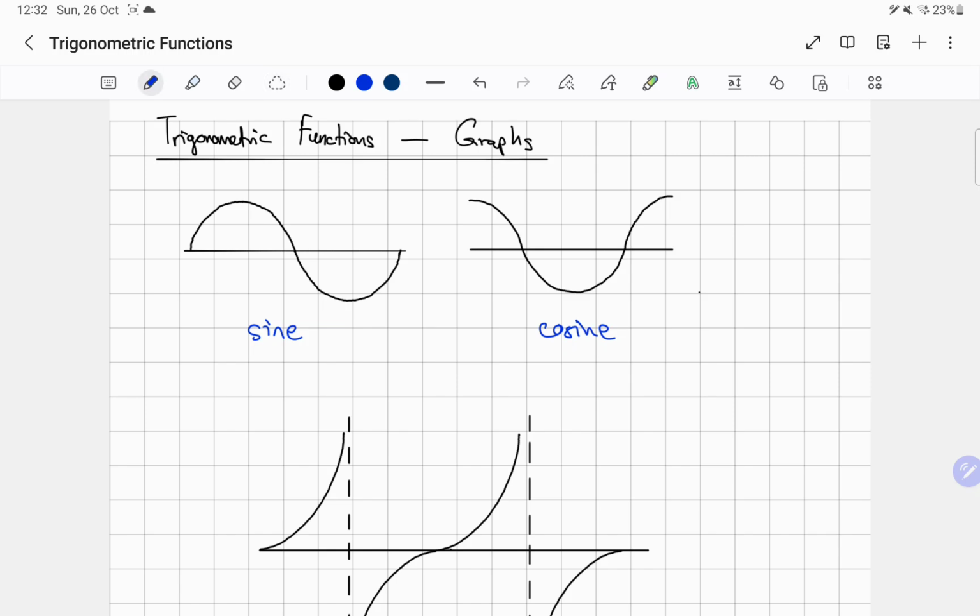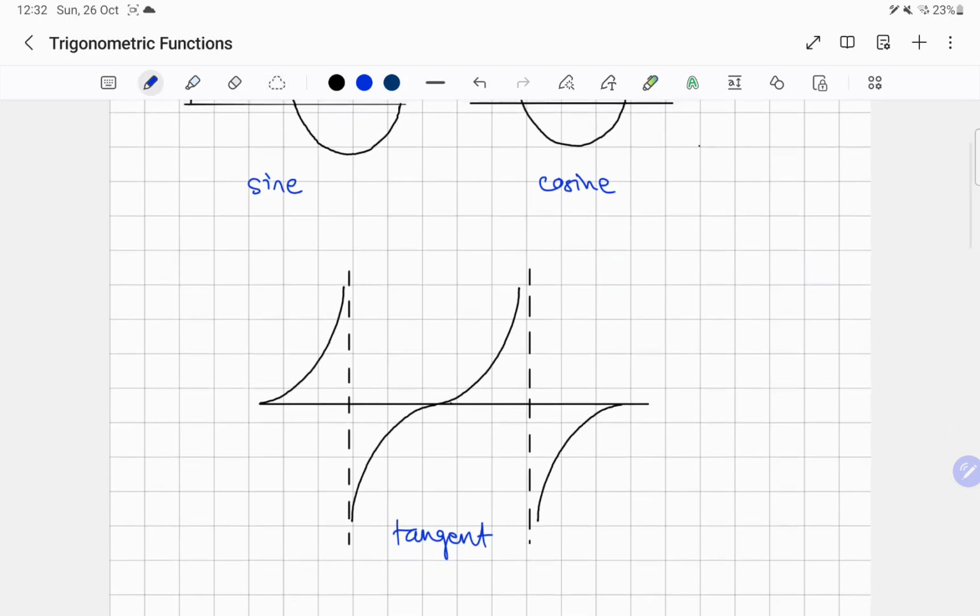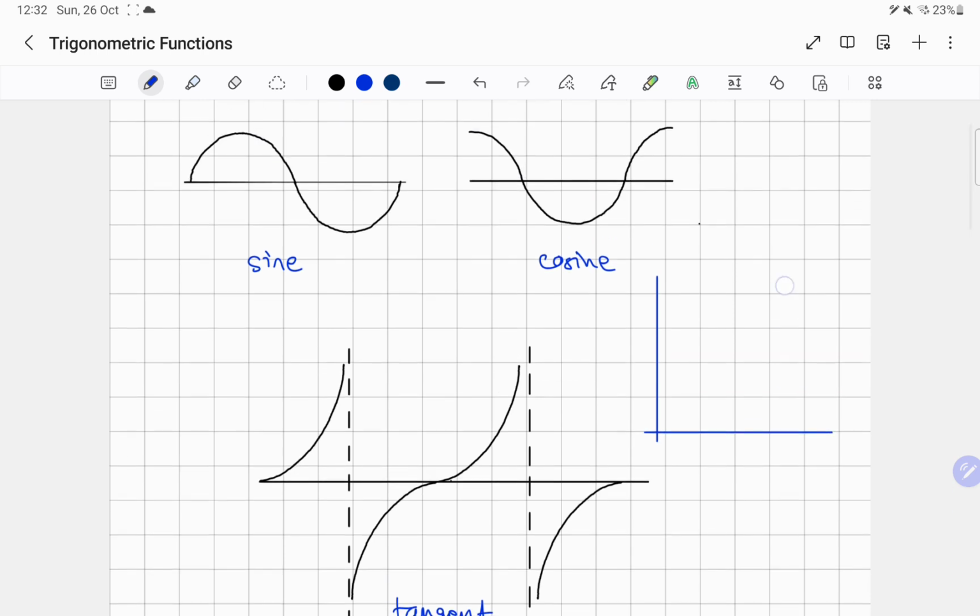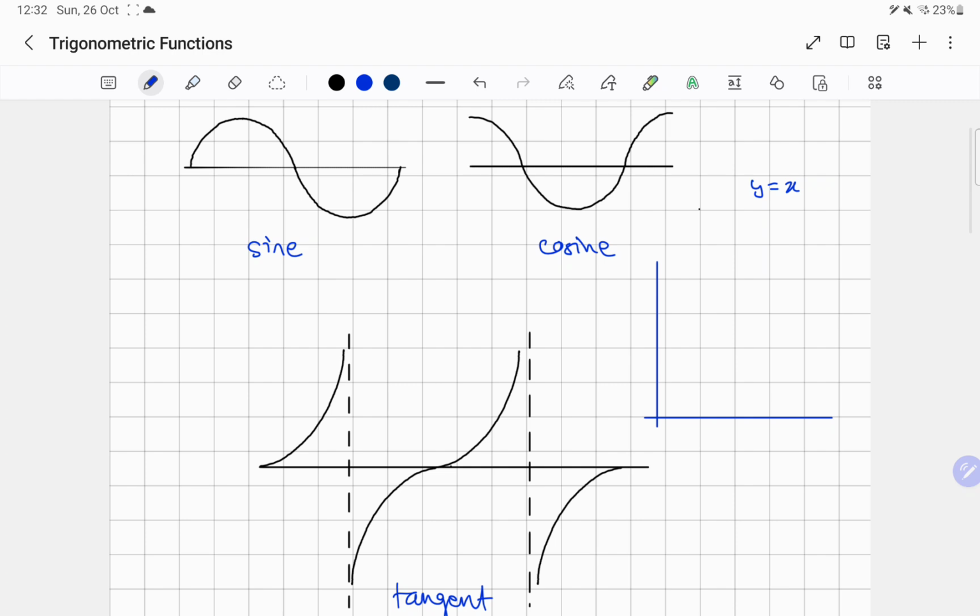Because if you have a simple function like y equals x, we know that the function is basically a straight line. It'll be like this.